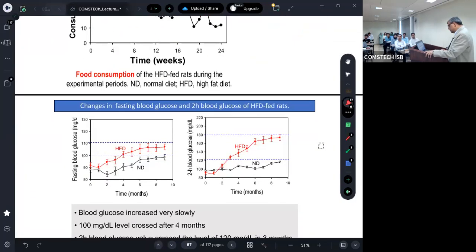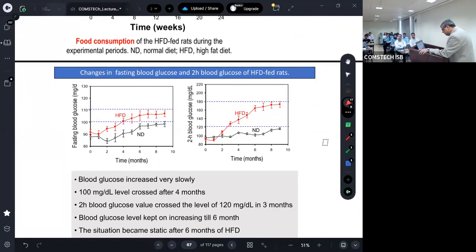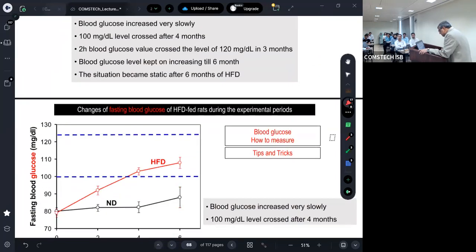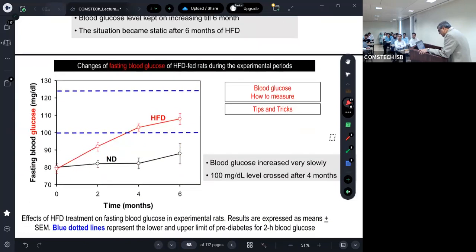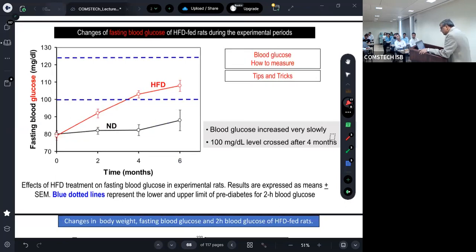Now come to the point here. We measured blood glucose, the fasting blood glucose, at 0 month, 2 month, 4 month, and 6 month. This is the normal diet, and this is the high fat diet. Normal is up to 100, and diabetes is 126.